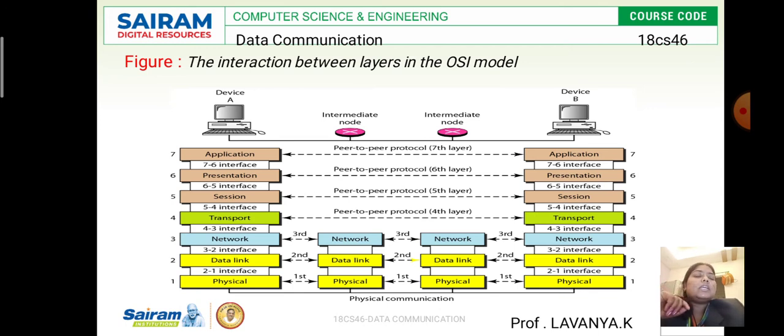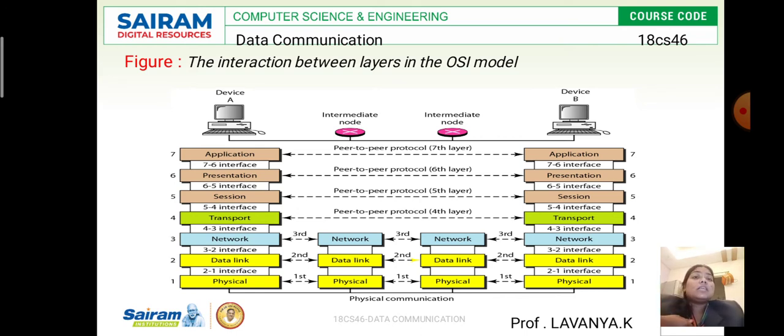The third one is representation of the bits, and the fourth one is synchronization of the bits. Then line configuration is fifth. The sixth one is transmission mode. Then one more responsibility is physical topologies. So these are the responsibilities of the physical layer. We will see one by one what each of them does.